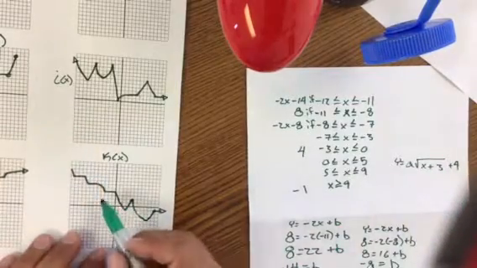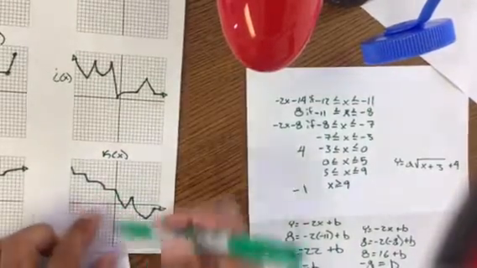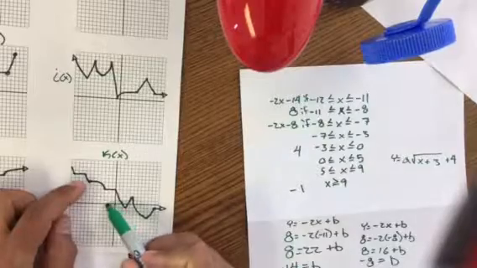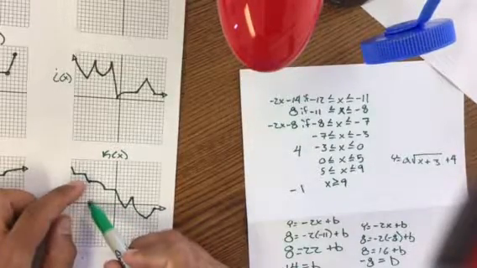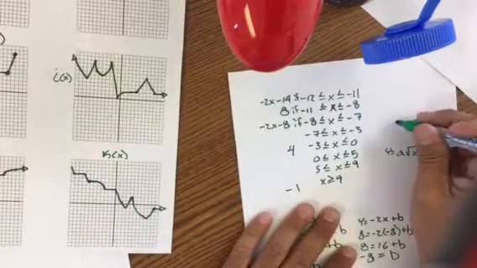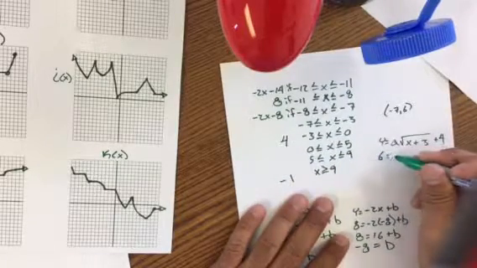And then I'm just going to use a point. I should use any point besides the vertex. So the point I'm going to use is this one right here, which is at negative 7, 6. So I'm going to plug that in.